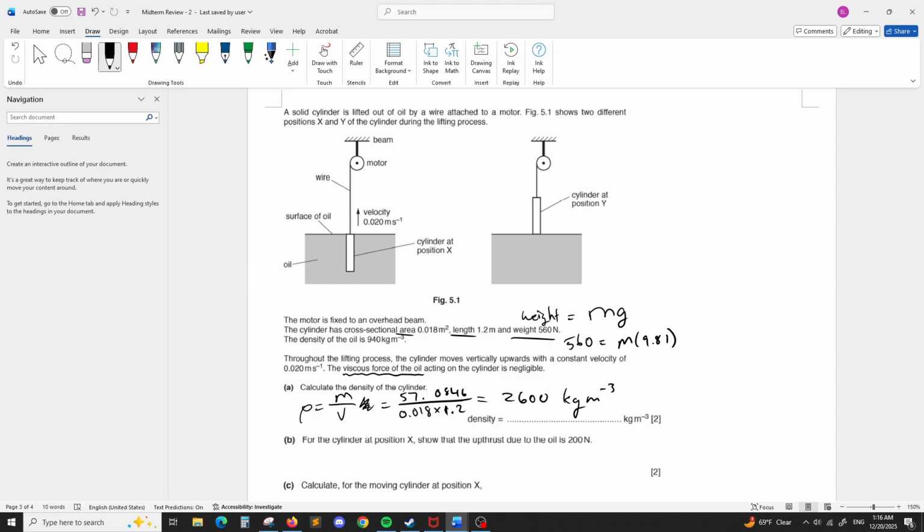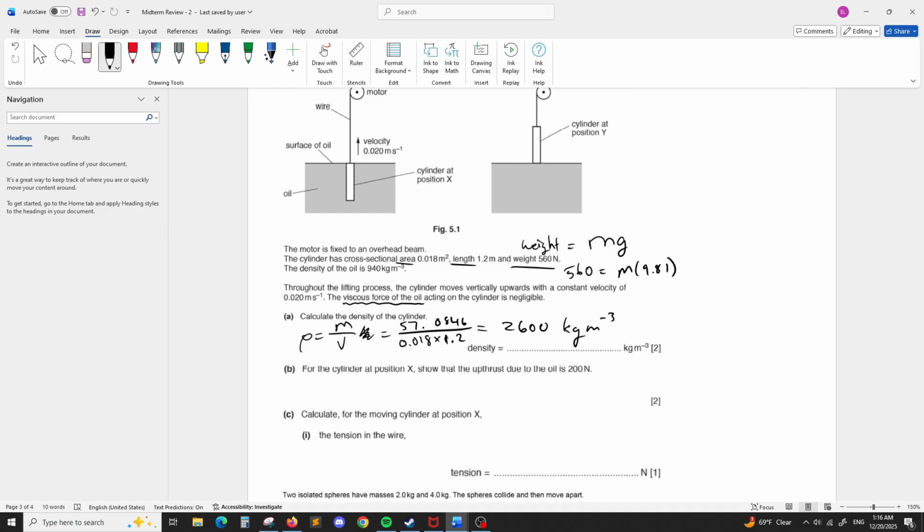For the cylinder at position X, show that the upthrust due to the oil is 200 newtons. So this is on the formula sheet, I think. The upthrust is equal to rho times g times volume displaced. So U is equal to rho, and rho in this case refers to the liquid.